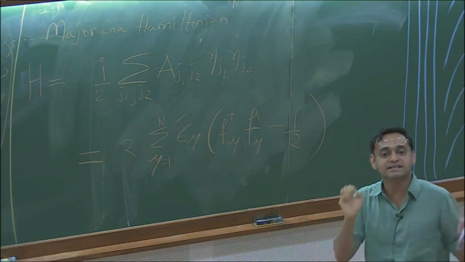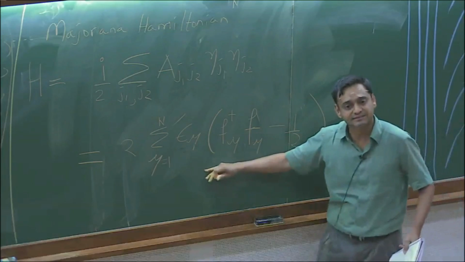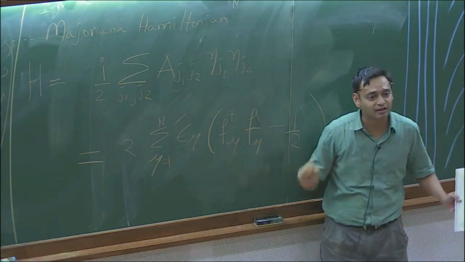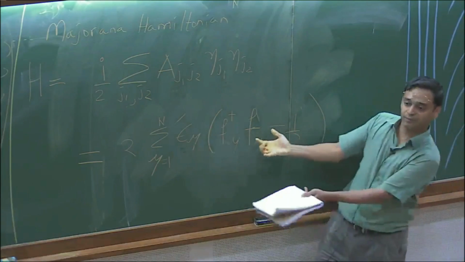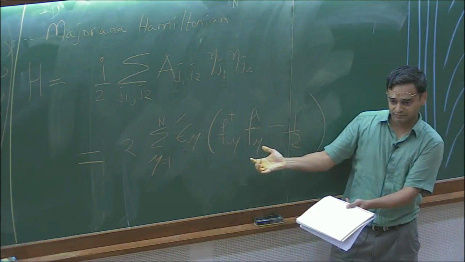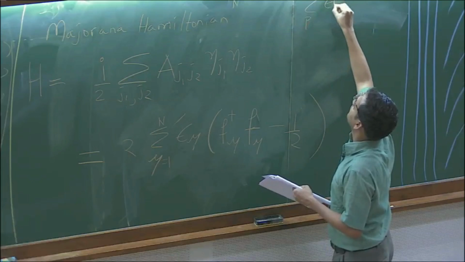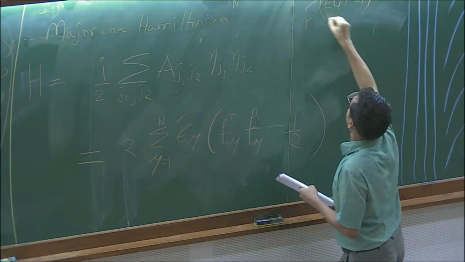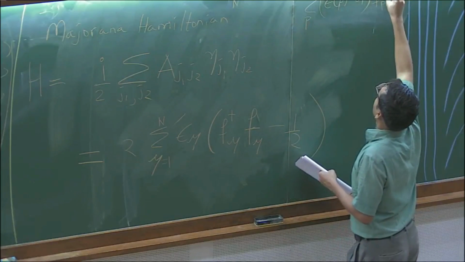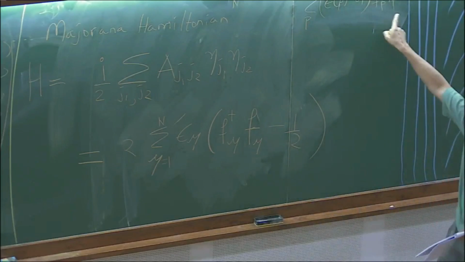So the ground state is a vacuum of these F particles, which are regular fermions, free fermions. This is the same as writing in band structure the sum over P of epsilon P minus mu, F dagger P F P. What is the logic we use here?